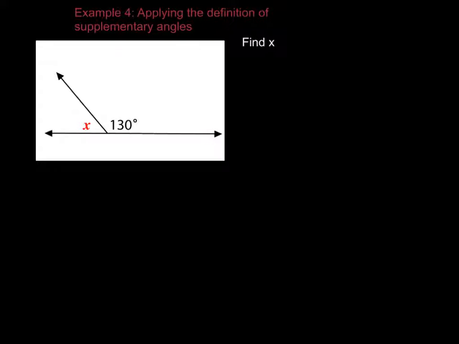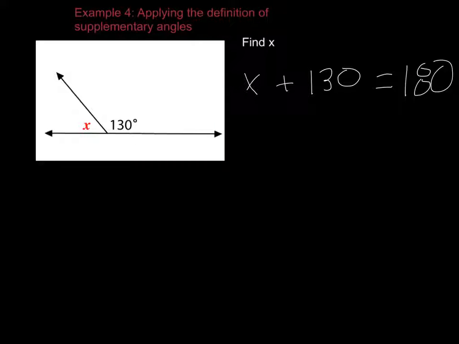All right, we're asked to find x. This is a pretty easy problem because we know the definition of supplementary angles is that their sum must equal 180. So therefore, the angle that is x, when we add that to the angle that is 130 degrees, that sum must be 180.